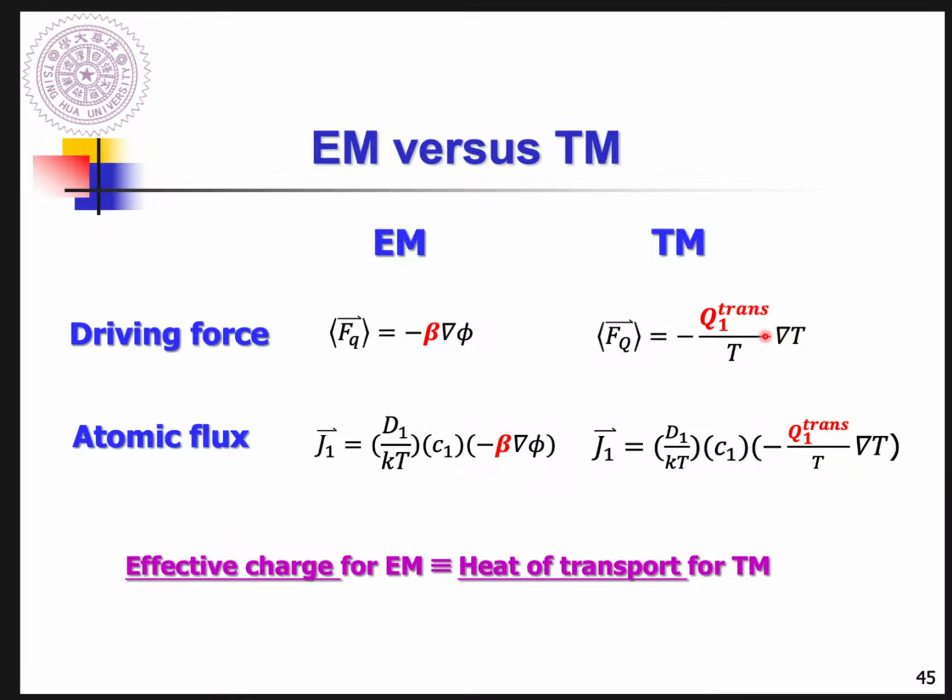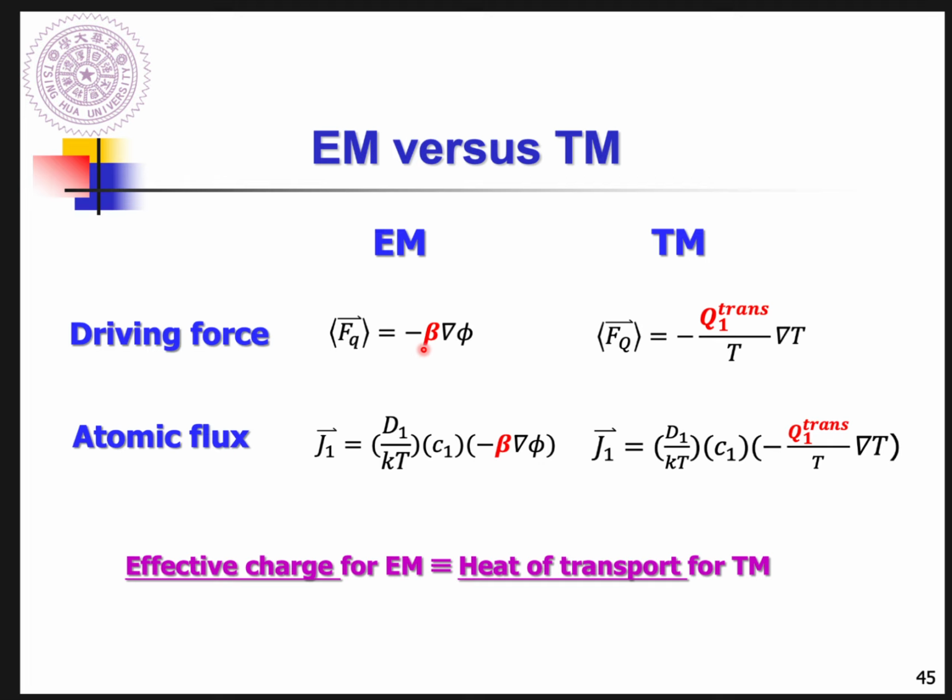So I'm going to give you a quick summary of electron migration and thermal migration. As we mentioned in the electron migration part, for the driving force we use beta, the effective charge, to modify the driving force.